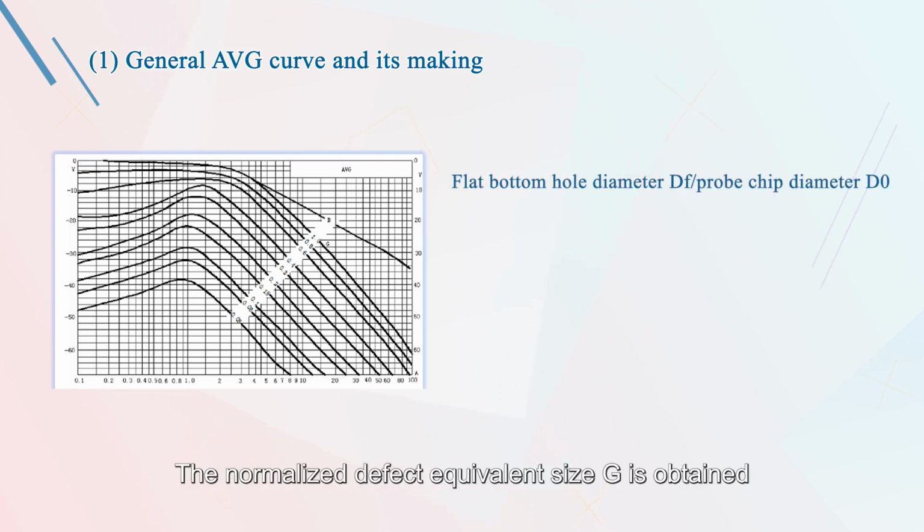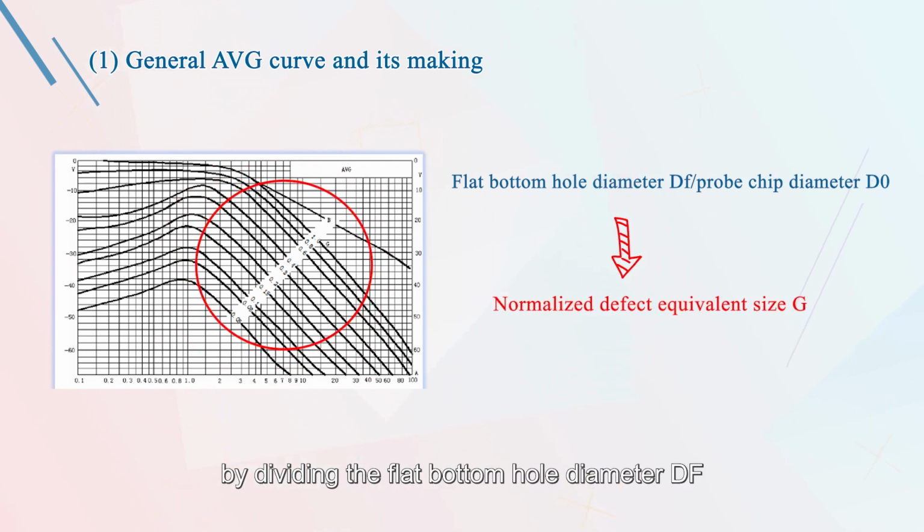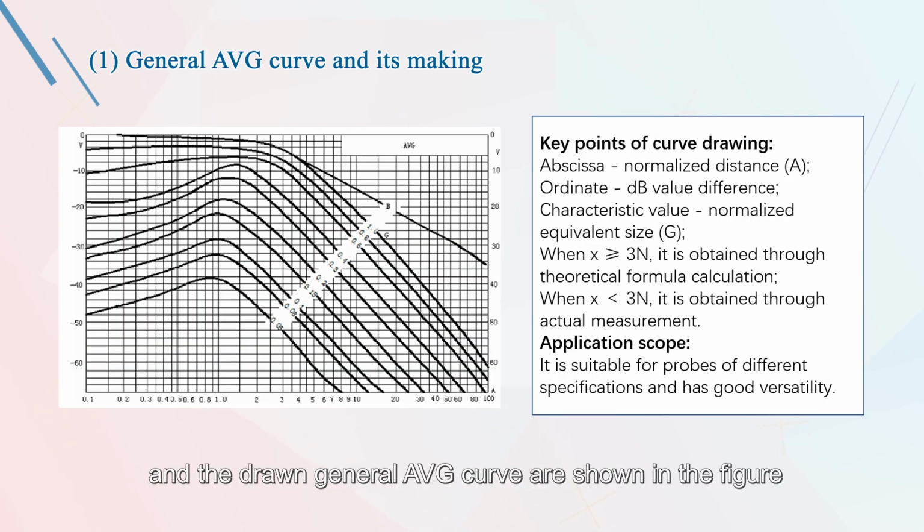The normalized defect equivalent G is obtained by dividing the flat bottom hole diameter dF by the probe wafer diameter d0 as the characteristic value of each curve in the general AVG curve. The calculation formula and drawn general AVG curve are shown in the figure, as we can all see here.